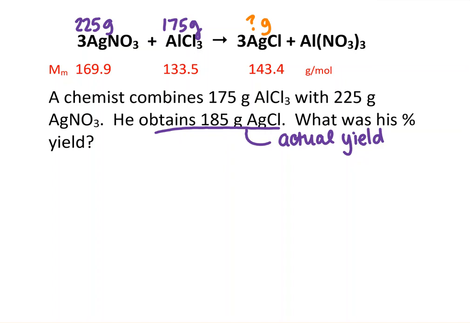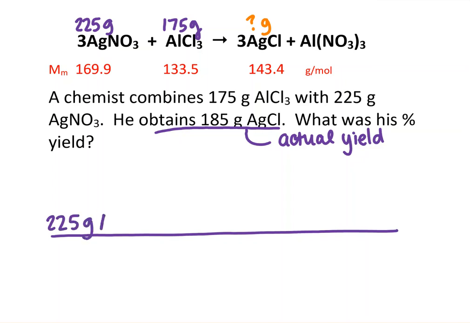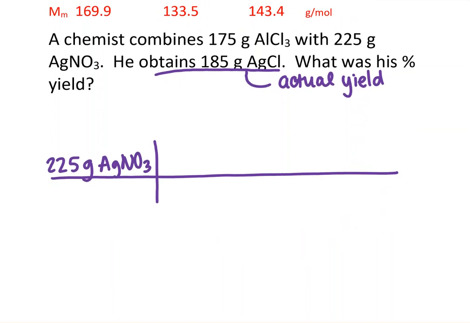Now, since I have the amounts of two different reactants, I'm going to have to do all of the calculations twice. In other words, I'm going to start with each of the reactants and go through all of the steps to predict how much silver chloride could be made.